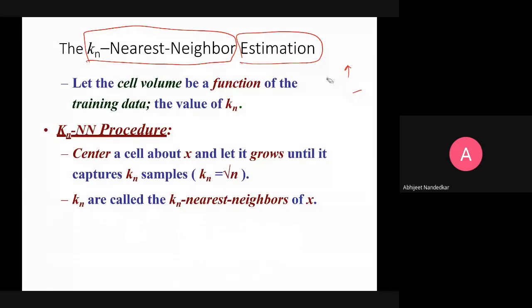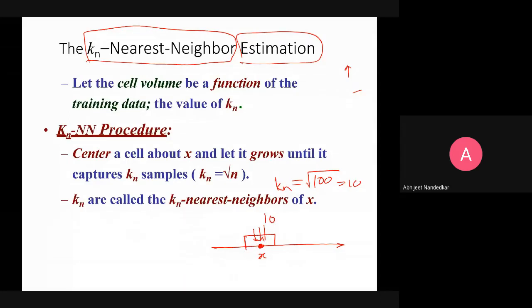Okay, so the KNN procedure is like this. We will center a cell about x. So suppose this is the scale, and we want to estimate probability around this sample. We will place a cell around it, and if there are, say, 100 training samples with us, then the square root of that is my Kn. So that is 10. Now I am in search of 10 samples in this window.